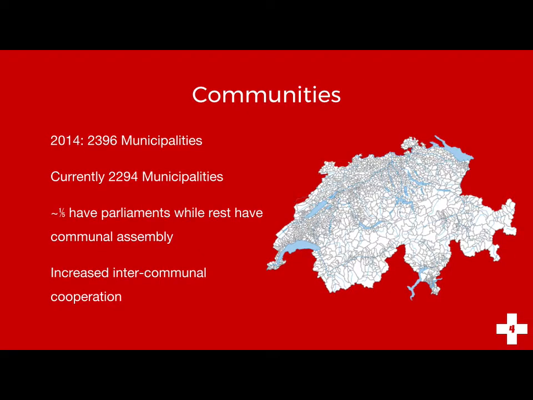Below the cantons, you have these communities. In 2014, we currently have about 294 municipalities. This is a map of all of them. And one thing to notice is that just 3 years earlier, there were 2,396, so it's a little over 100 fewer.